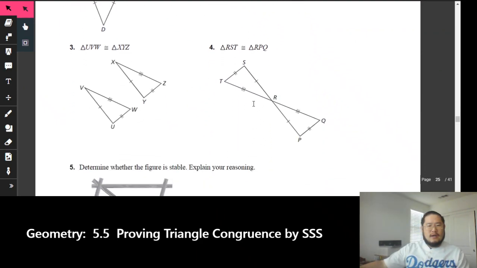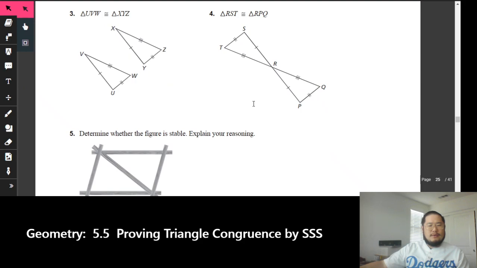Let's go ahead and move on to number 3. All right, so let's see. We have UV is supposed to be congruent to XY. So let's look at UV right there, XY. Great. So we got UV congruent to XY.